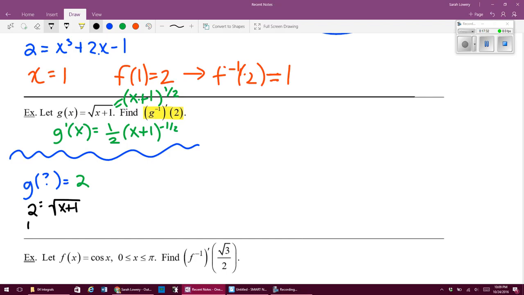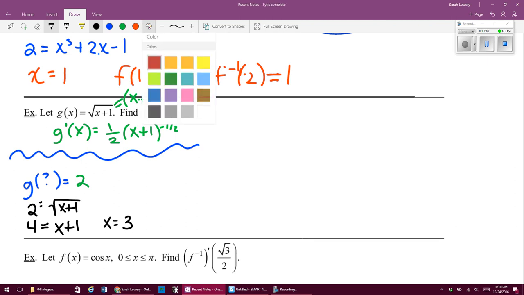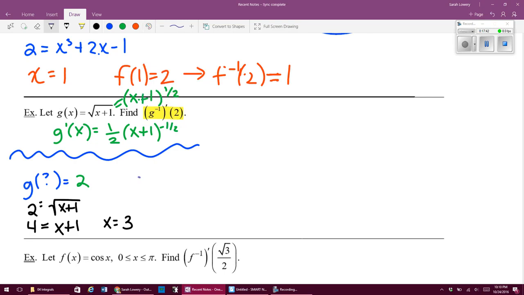I'm going to square both sides and get 4 is equal to x plus 1. Subtract 1, and we find that x equals 3. Now, here's what that tells us. That tells us that g of 3 is equal to 2, which means that g inverse of 2 is equal to 3.